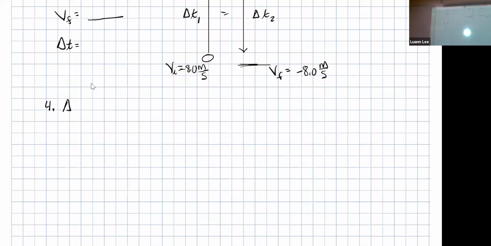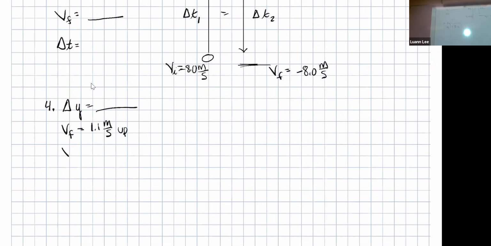Okay, so for 4, we know a displacement when we're going back to sample problem F. In sample problem F, we don't know the displacement. That's what we're looking for. We are given a final velocity of 1.1 meters per second up.